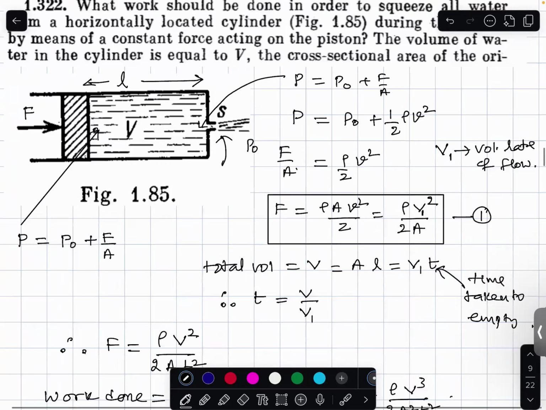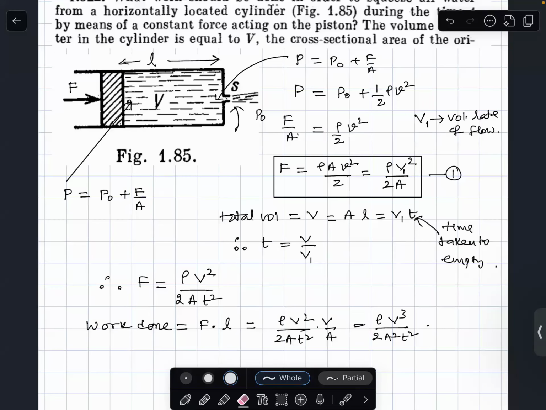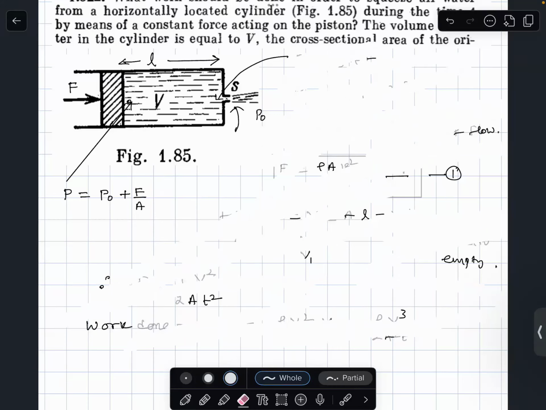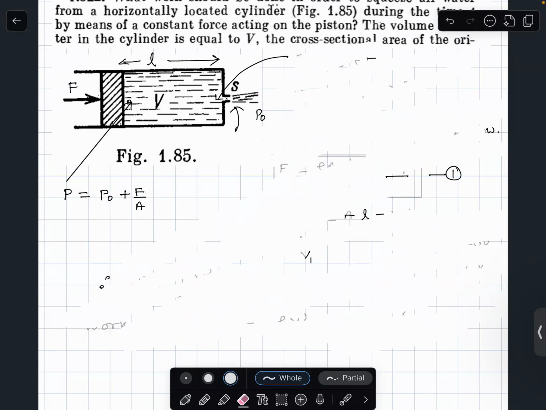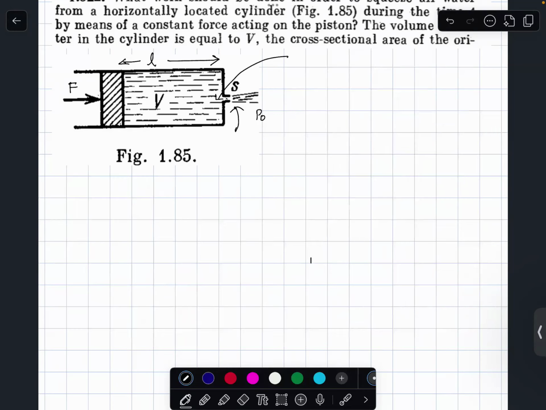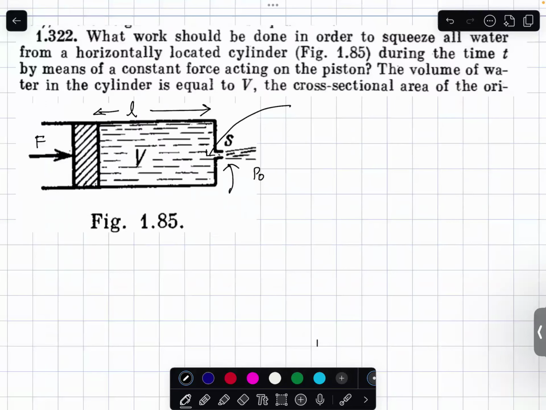Now the issue is that, now please try to understand what is happening over here. Now please try to understand at this point what is the pressure.